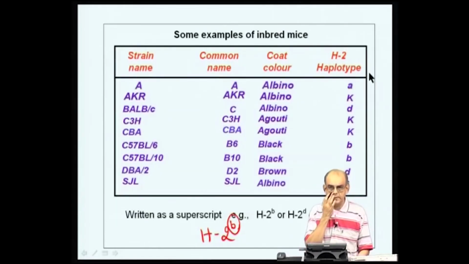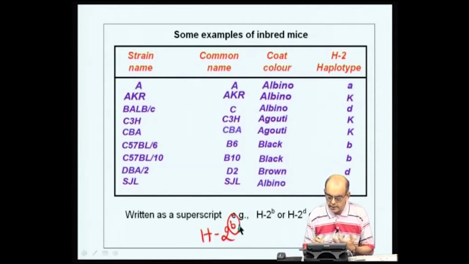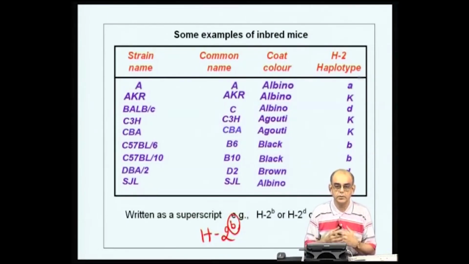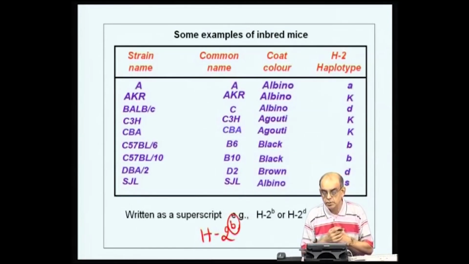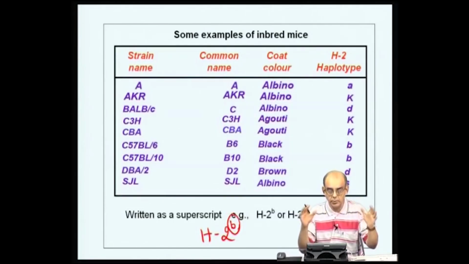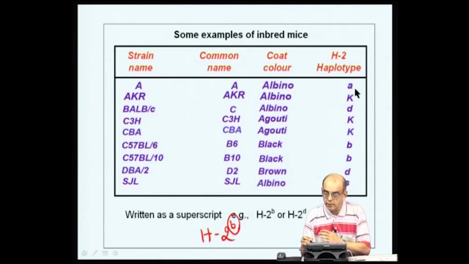A haplotype is nothing but a letter or something that designates the genetic component to that particular mouse strain. So, you say that it is a particular genotype or a particular haplotype, and all this means is that when you say b over here, it means that the primary amino acid sequence of the MHC antigens that are there on the cell surface is of a certain sequence, which is very much different from a different haplotype, for example, a.